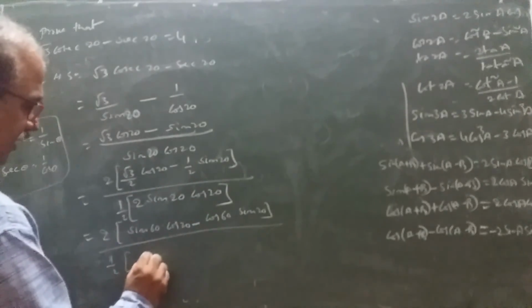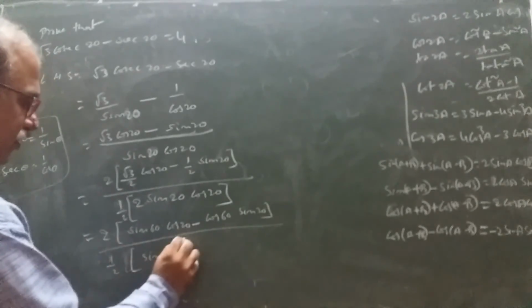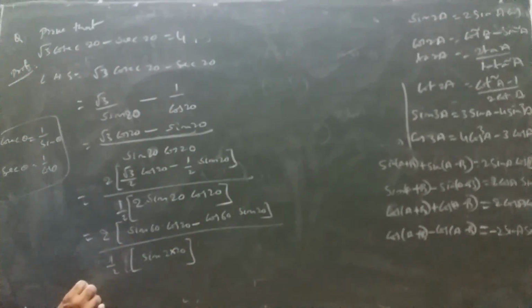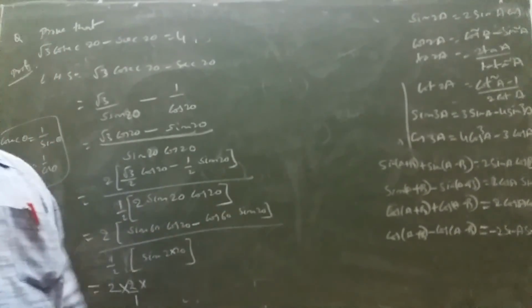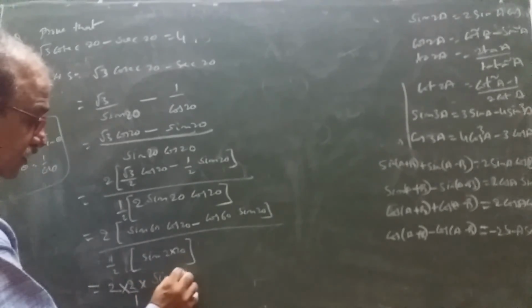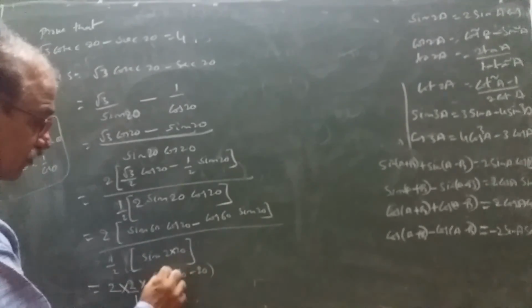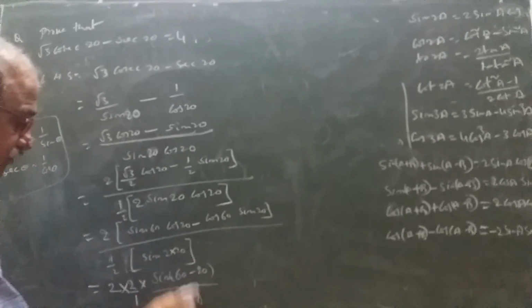2 sin 20 cos 20 means sin 2 into 20. The numerator is 2 into (sin 60 cos 20 minus cos 60 sin 20), which is in the form of sin A cos B minus cos A sin B, that is sin (A minus B), sin (60 minus 20), divided by 1 by 2 sin 40. 60 minus 20 is 40.